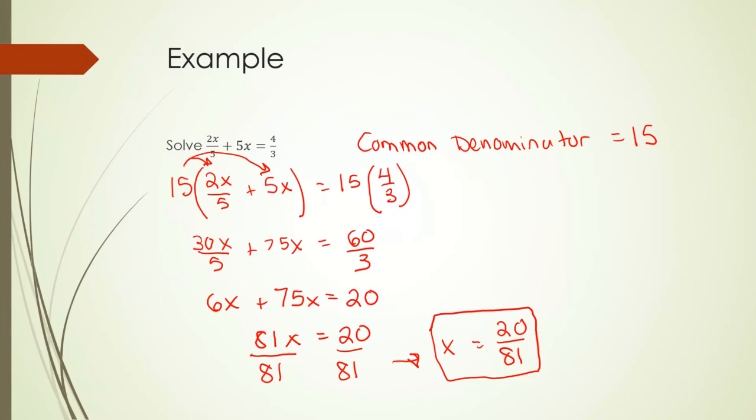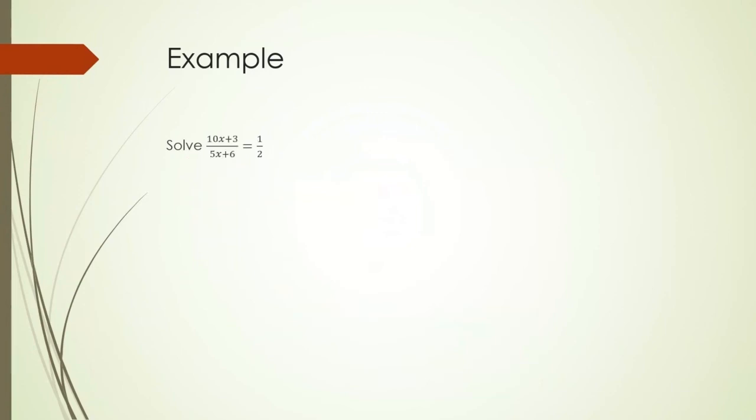You can use something bigger as long as the denominators are factors of that number. So 3 and 5 are factors of 15, so that works. The most common error people make is they forget to multiply everything by that denominator. That's why I put it in parentheses, so that you can see the distributing, and then I show the distributing step.